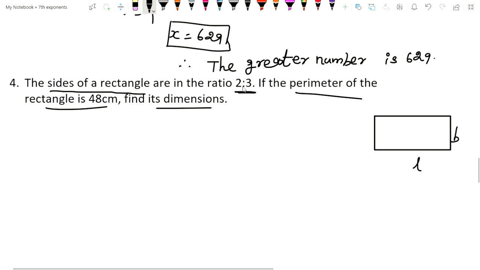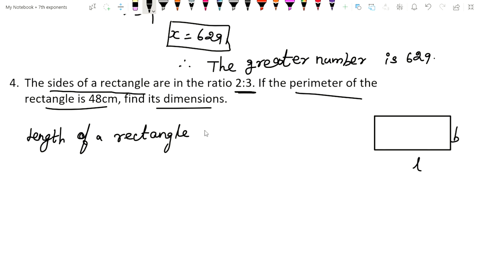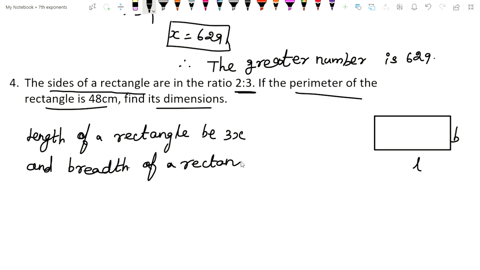Here the ratio is given. So the length of a rectangle be 3x and the breadth of a rectangle be 2x, because the ratio is 2:3.